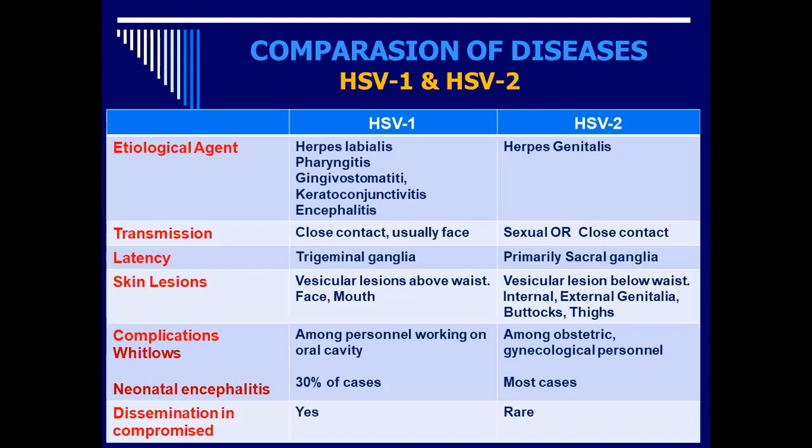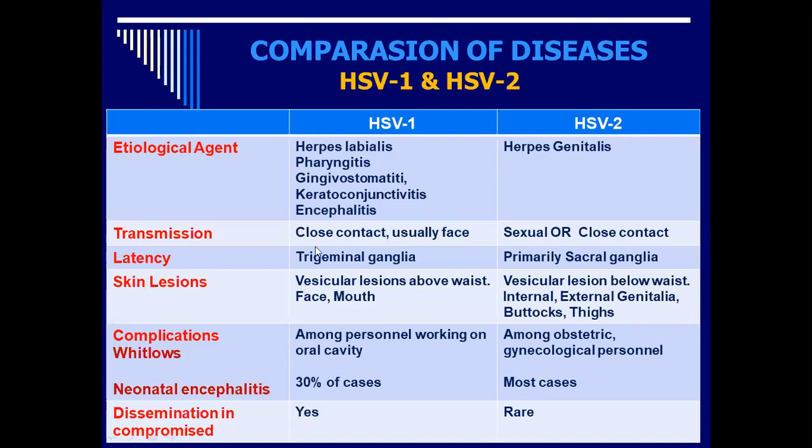Broadly speaking, we can compare them with reference to the etiological agent, the transmission, whether they go into latency or not, what kind of lesions they produce on the skin, what the complications are, and what the dissemination is in immunocompromised individuals.